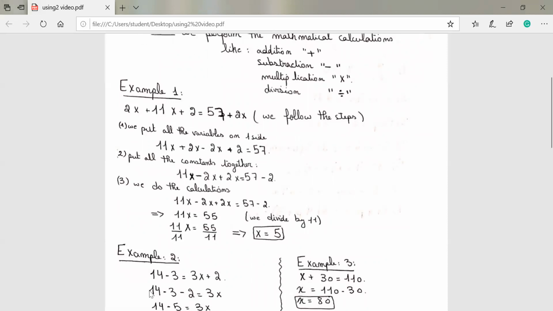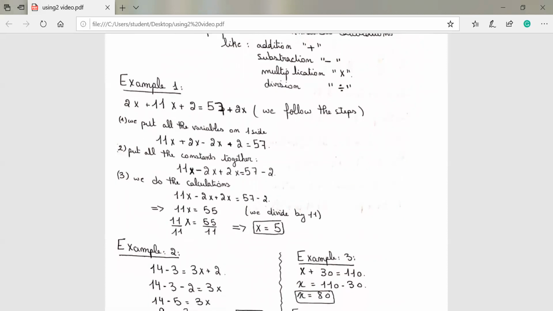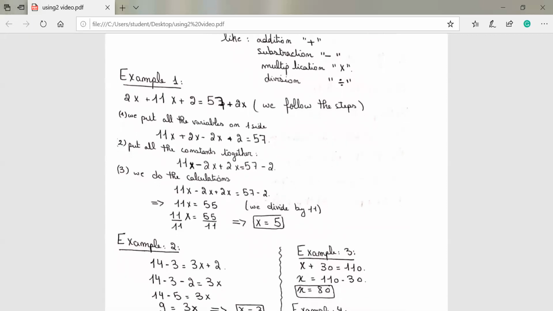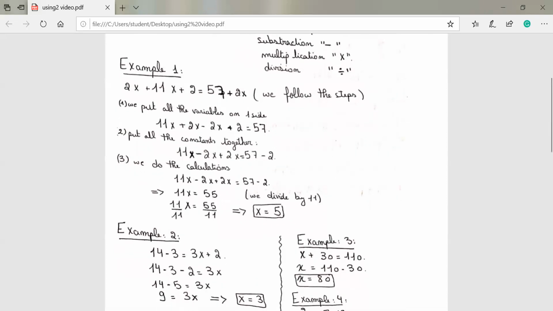Now we have all the numbers and constants on the separate side, and the variable, which is 3x, on a different side. So we can do our calculation, and we get 14 minus 5 equal to 3x. So 9 equal to 3x, and now we divide by 3. So we can have x equal to 3 as expected.